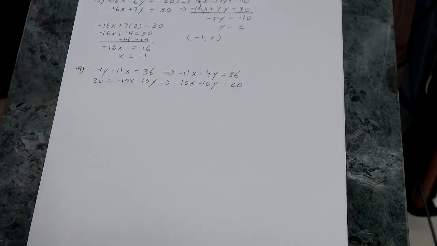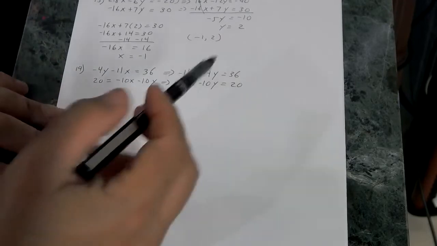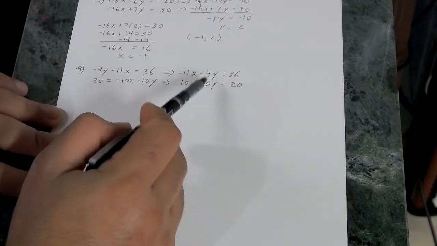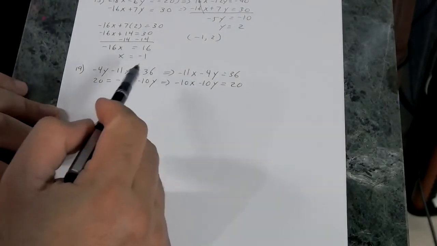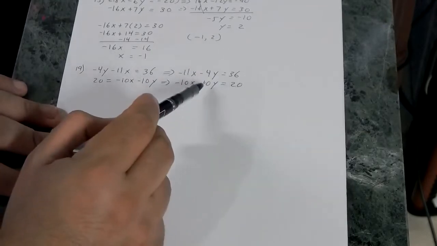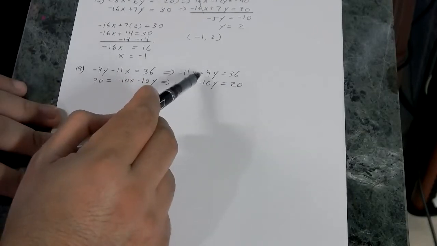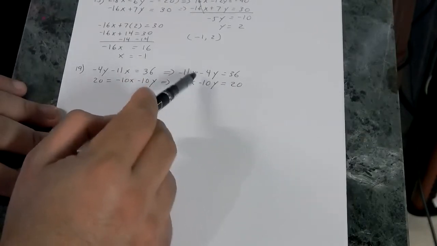All right, so now it's your choice which one you want to get rid of, x or y. Well, you know what? It really doesn't matter. Since I did x on the last one, let me do y on this one. Well, between 4 and 10, I can sit here and think, okay, what number? I know 20 does, but if you didn't know, I would just multiply the top by 10 and the bottom by 4. But since both are negative, they're not different signs.